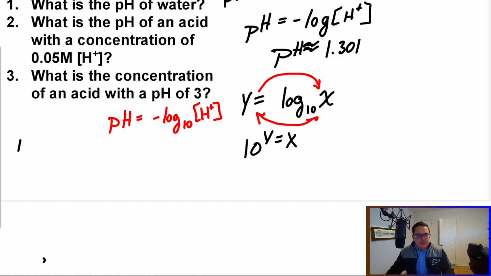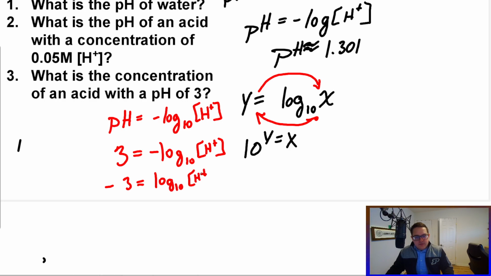So I'm going to plug in the numbers we have. We've got 3 equals negative log base 10 of the concentration of H, because if you write just log, it's assumed to be base 10. We take the negative to the other side, so we get negative 3 equals log base 10 of the concentration of H. Now let's rewrite it.